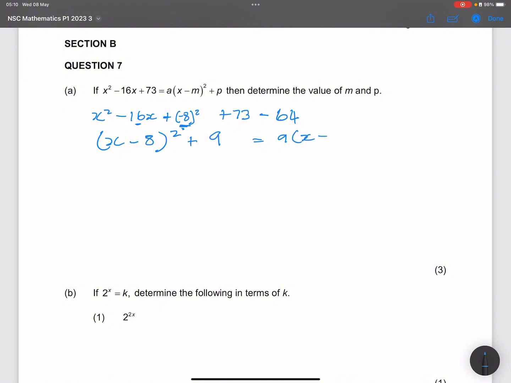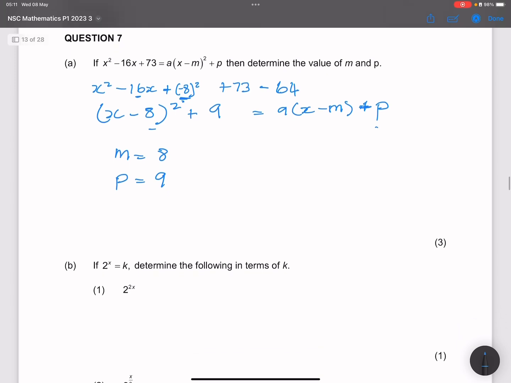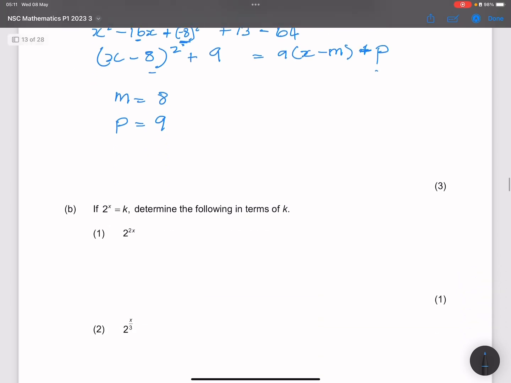That means our m value, and that's plus p, so m is equal to 8 and p would be equal to 9. Okay, that is how we would do that. Let's go to the next question.